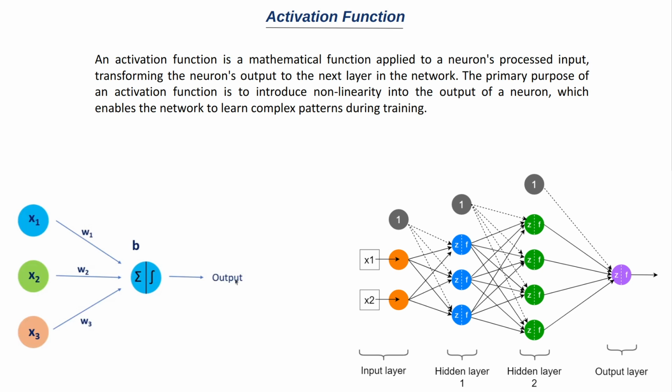Similarly, when you put the same concept in a neural network, this is the input layer, where let's say we don't have activation functions, and x1 and x2 are passed to the neurons of the next layer. We have these three neurons, and let's say z represents the weighted sum and f represents the activation function. The weights are constantly changed during the training process, which is basically what training is.